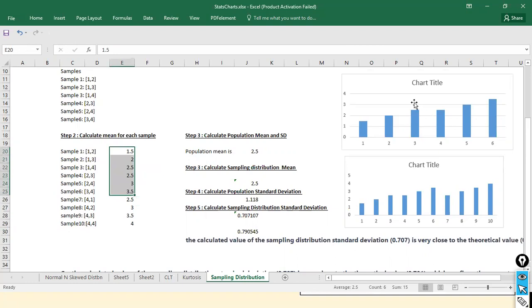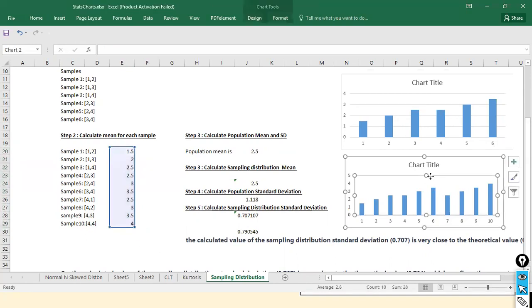When I plotted them in a chart, we could see that the distribution of these 6 samples is not precisely a normal distribution. But when I increase the number of samples, you can see the sampling distribution becomes approximately normally distributed, right?